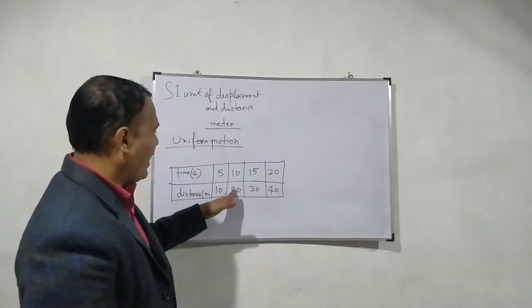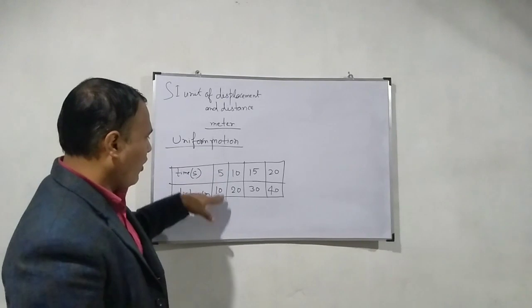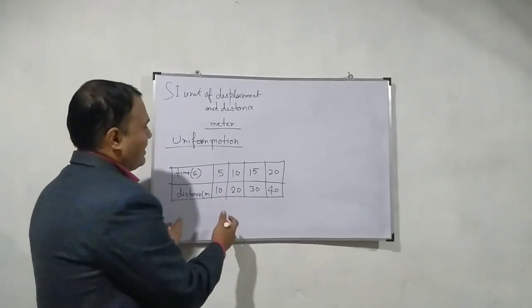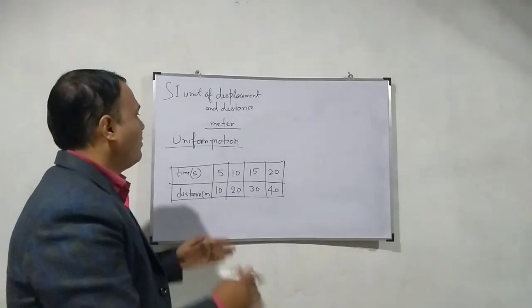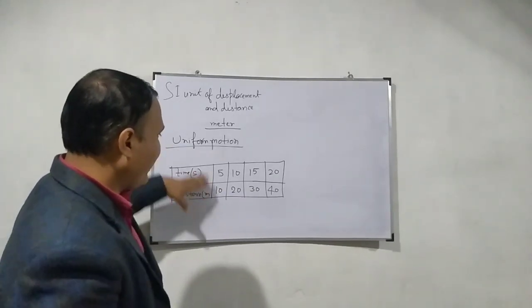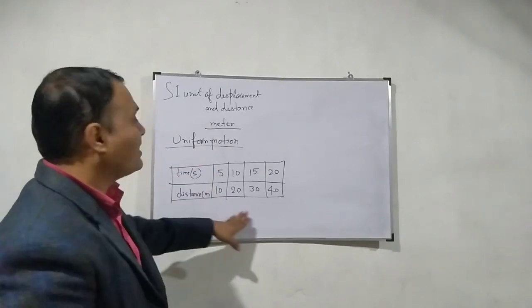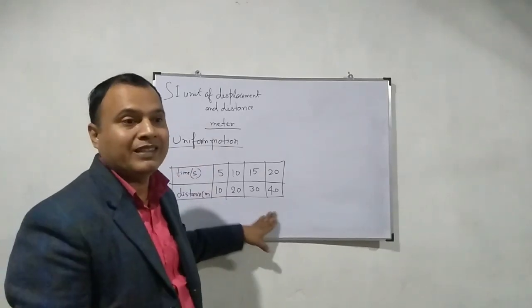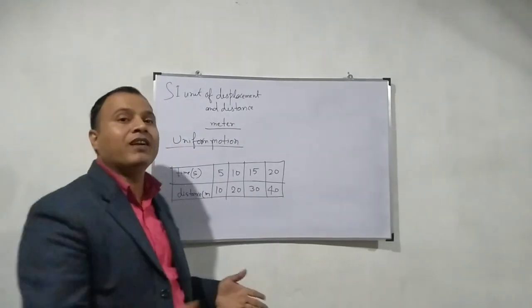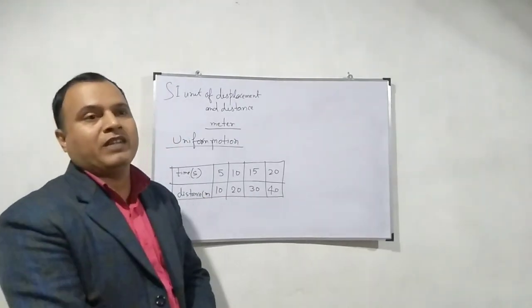In every 5 seconds, in this case, an object covers 10 meters. So in this case, the speed of the object is uniform. So we can say that the motion is uniform. That object is in uniform motion because it covers equal distance in equal interval of time.